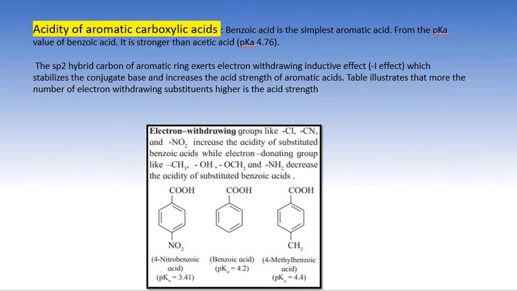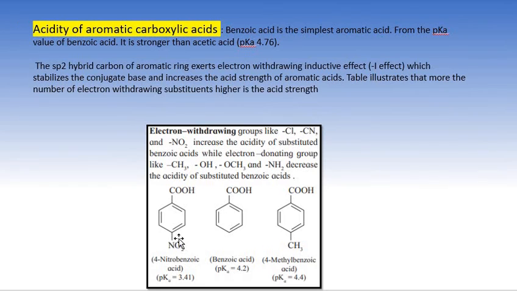In this picture you can see we have three kinds of aromatic acid, with substituents in two of the compounds. In the first compound we have a nitro group at the para position. In benzoic acid there is nothing, and in this compound you have a methyl group at the para position, and with the help of this you can see the pKa values.